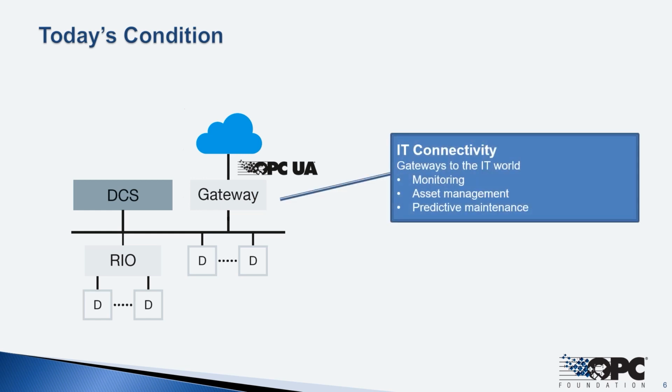Looking closely at the IT connectivity portion of our process facilities, we can and sometimes do use gateways to bring either monitor only or asset management or even predictive maintenance data to the enterprise. Not every plant does this, but for those that have done so, there is a component of customization or integration effort that can be costly and time-consuming.